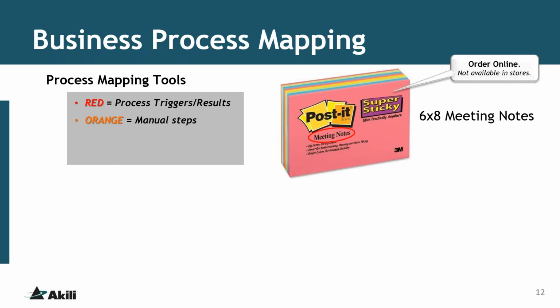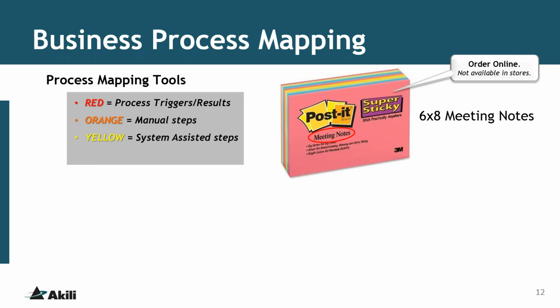Next, on the orange cards, we map the manual steps. 3M quit including the blue cards in the decks for some reason, so orange is our option that we use when we map it in the session. We still map it in blue inside of Visio because the contrast works better.